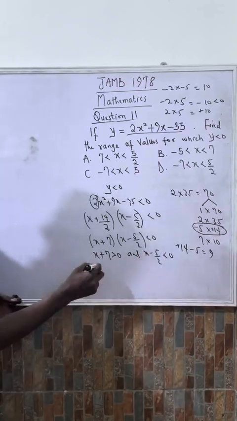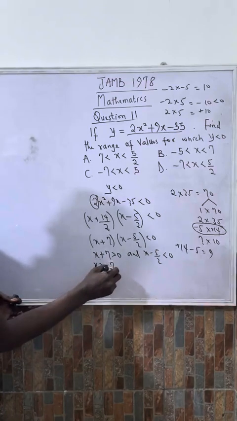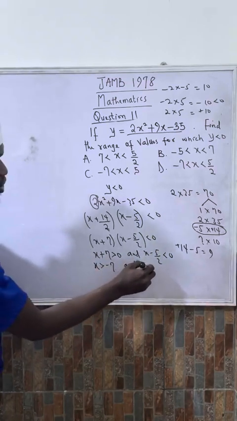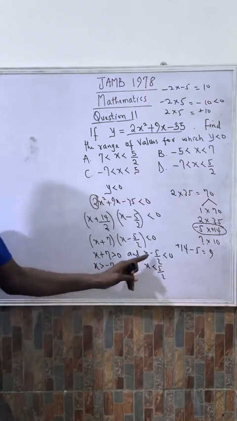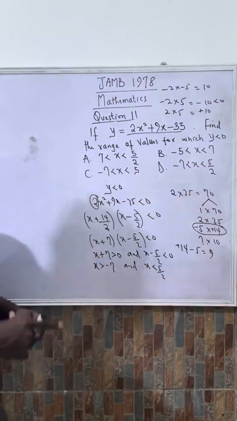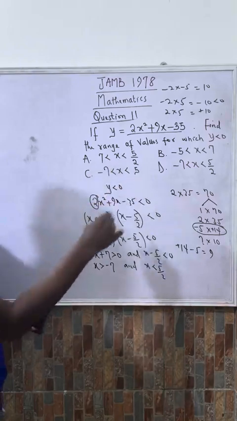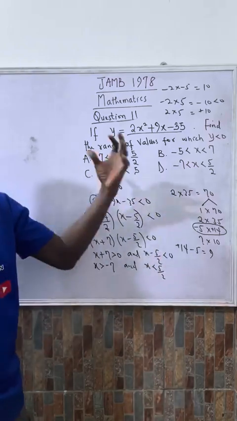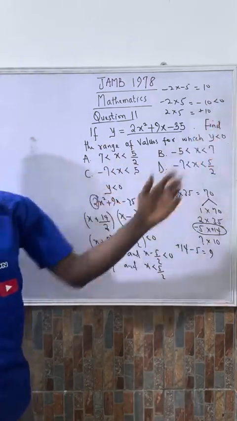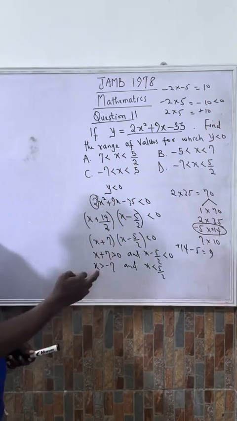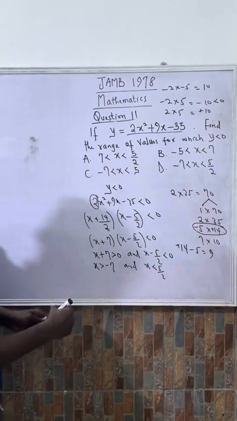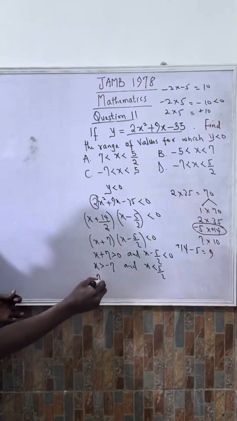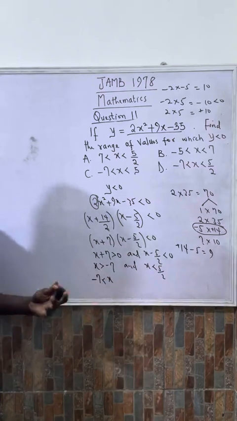From here, if I subtract 7 from both sides, x will be greater than negative 7. And also, x will be less than 5 over 2, if I add 5 over 2 to both sides. Now, I want to combine these inequalities into one.